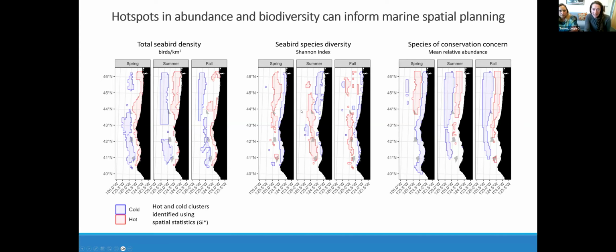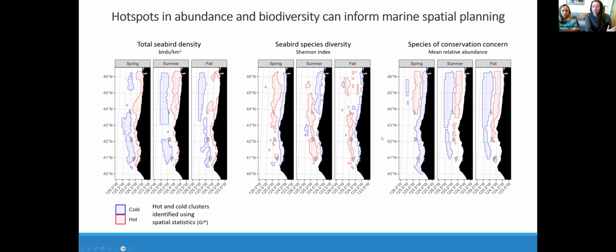For example, this wind area off of Brookings, which is on hold for now, we don't know what the future of this is, is in a cold spot, so minimal impact for the total number of birds, but it is in a hot spot for species diversity, at least in some seasons.